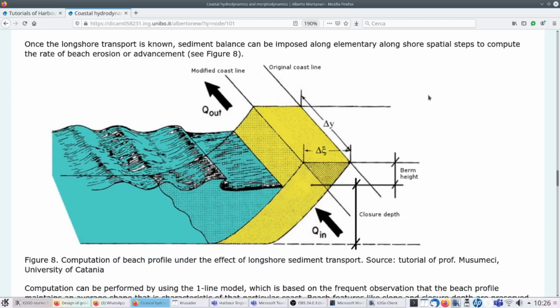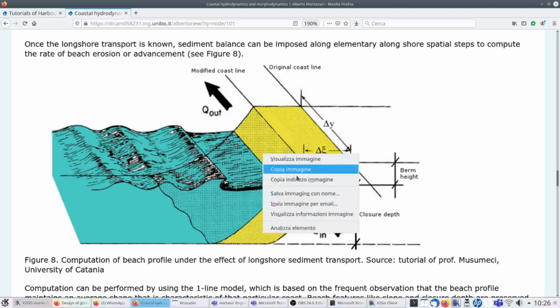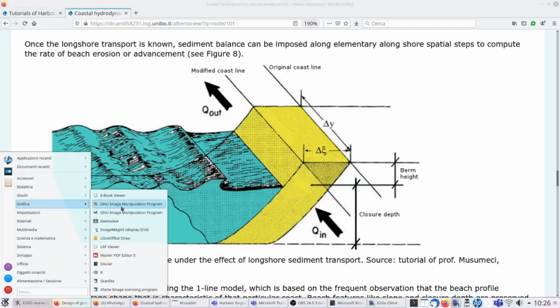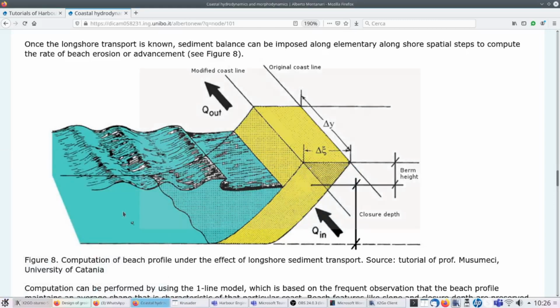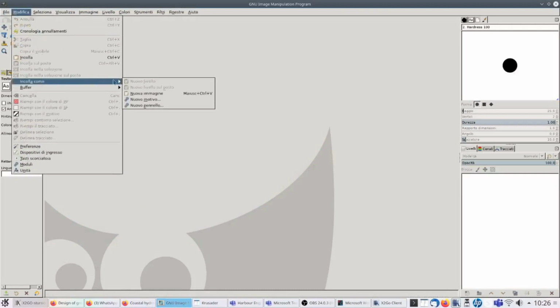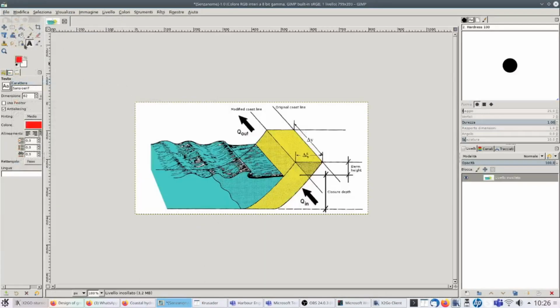So what we need is to apply a very simple model. The very simple model should describe what in this figure is called delta xi. Let me open the image in another graphic program so I can manipulate it a little bit to show you what I mean. Okay, I have the painter.